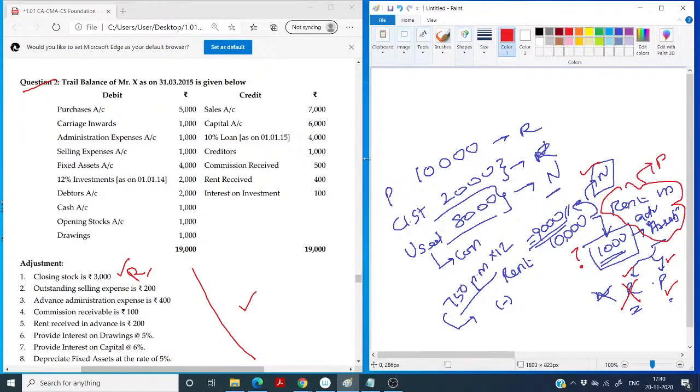Now, to make you understand, I tell you, I have not paid the salary and I give you 10,000 rupees. Go and pay salary. This is outstanding salary. I have not paid the salary. I told you, go and pay the 10,000 rupees.